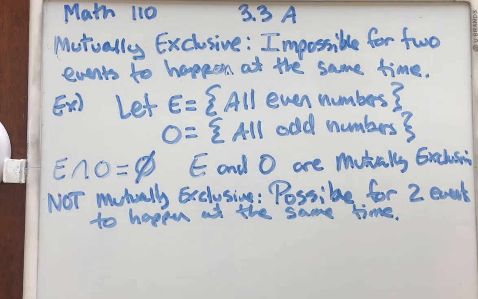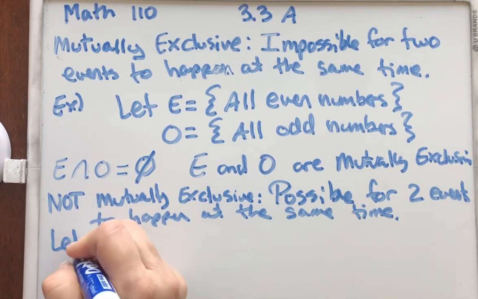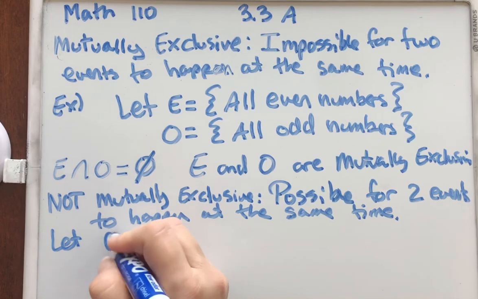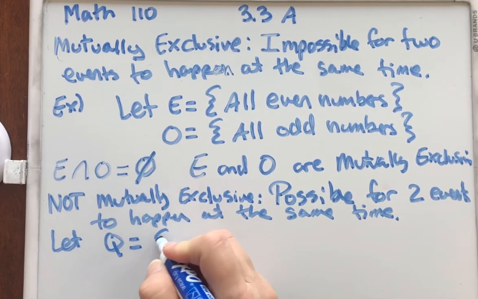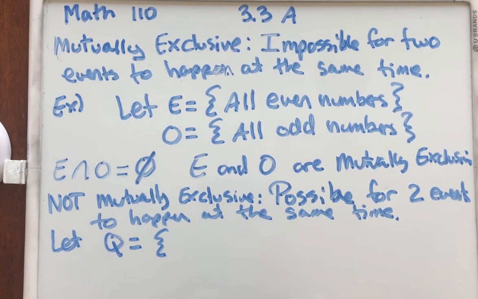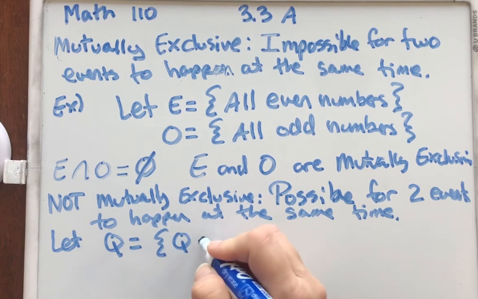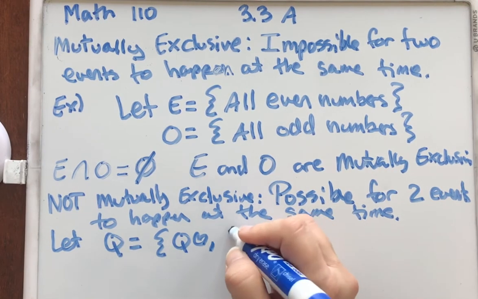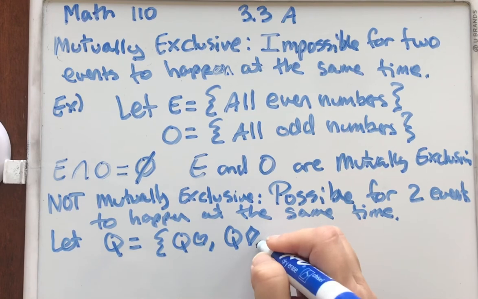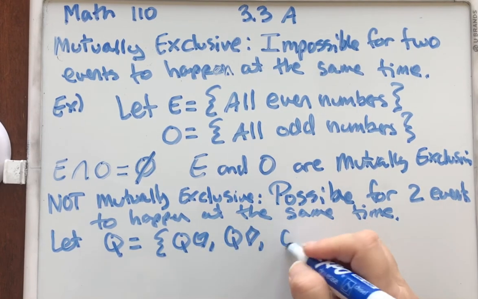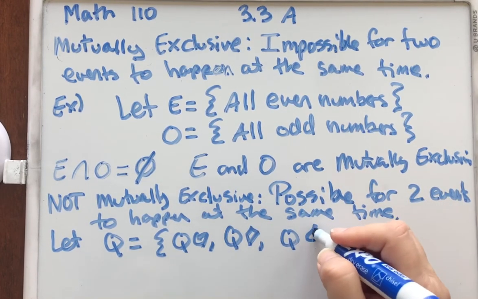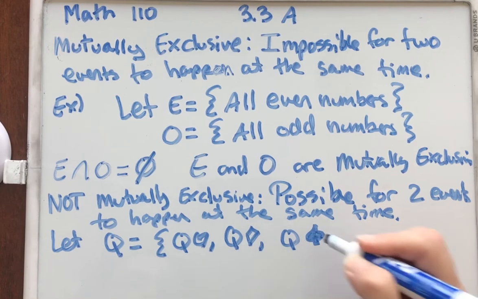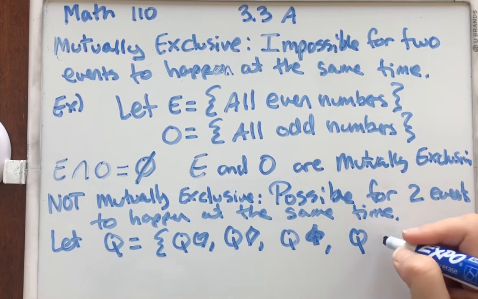Okay, so let's look at an example where this would occur. We're going to let Q equal the set of queens in a deck of cards. So we have the Queen of Hearts, the Queen of Diamonds, the Queen of Spades, and the Queen of Clubs.